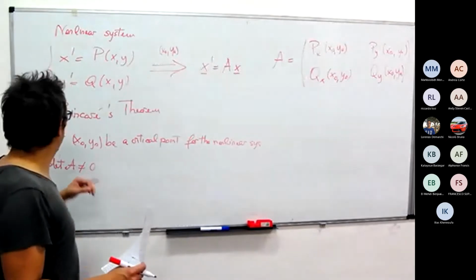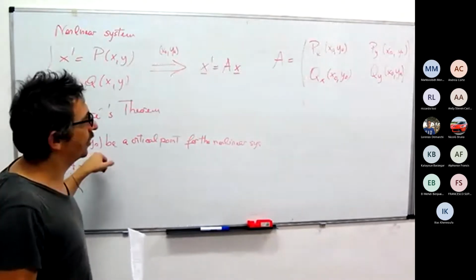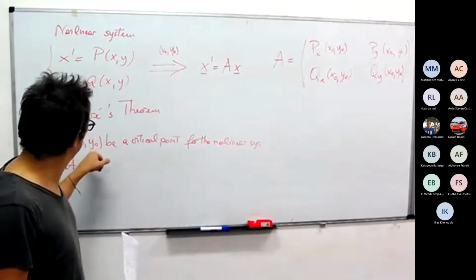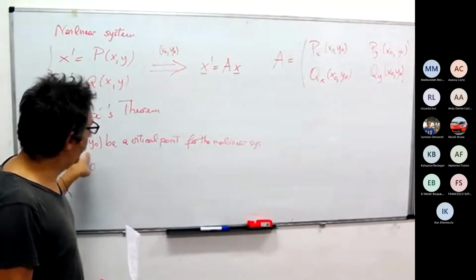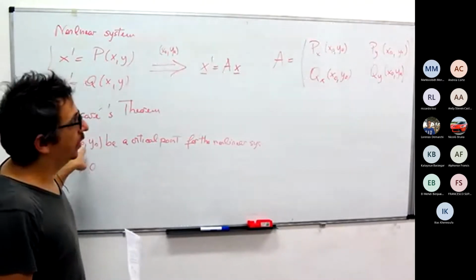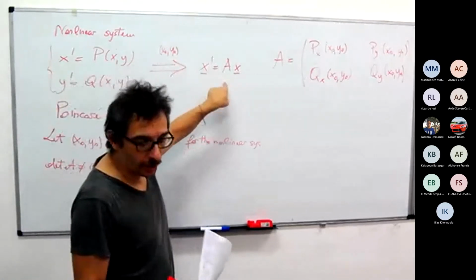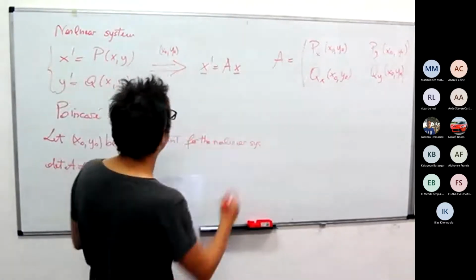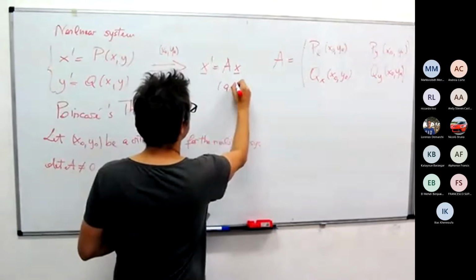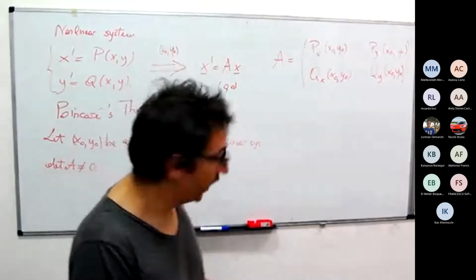Then the critical point X naught Y naught will be of the same nature, of the same kind, as the critical point 0, 0 of the linear system, in the following cases.